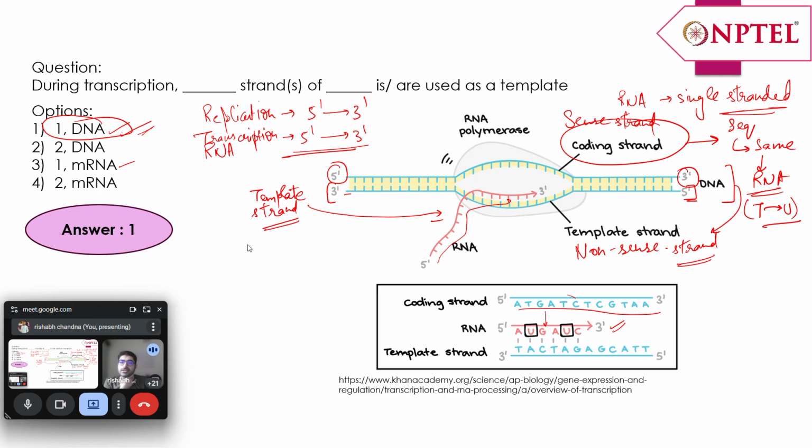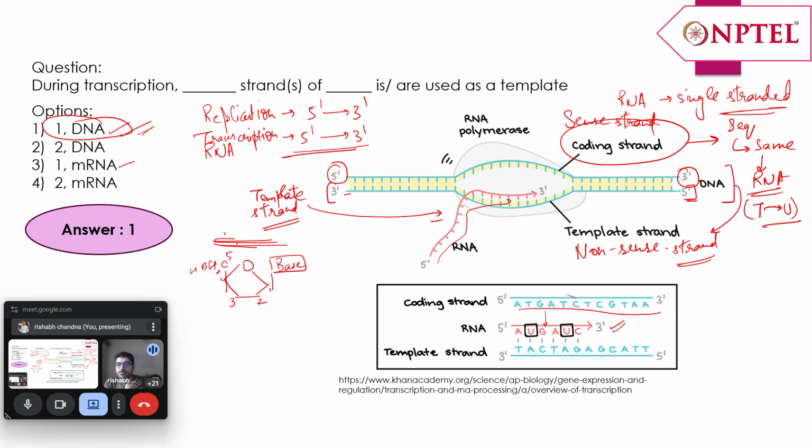So if you see a DNA strand, what happens is, when there is a nucleotide, this is the sugar molecule. Here the base is attached. This is the first carbon, second, third, fourth, and this is the fifth carbon of the pentose sugar present in a nucleotide.